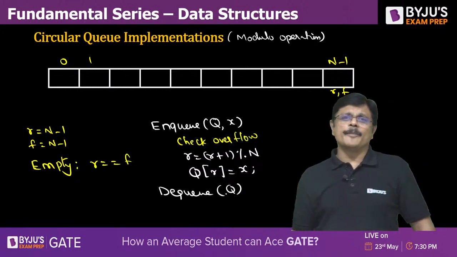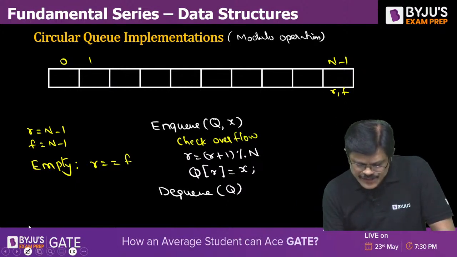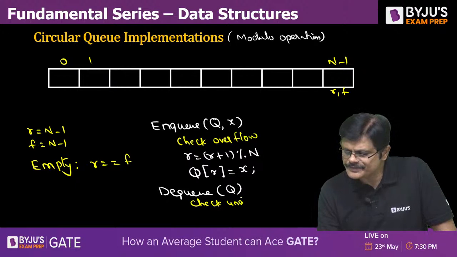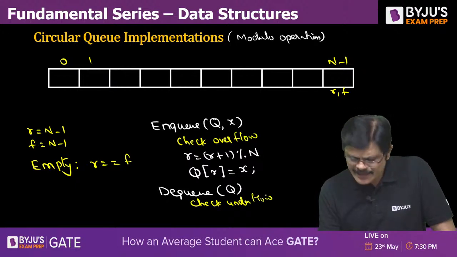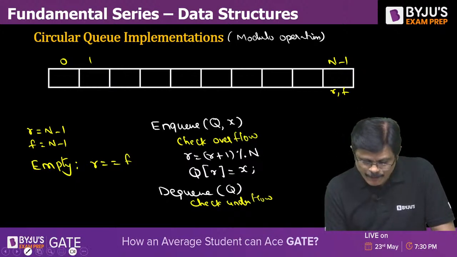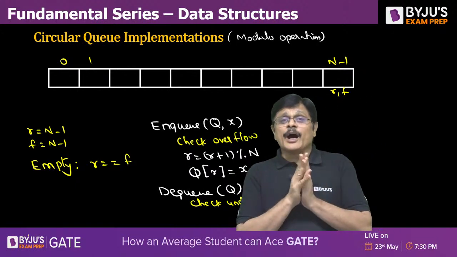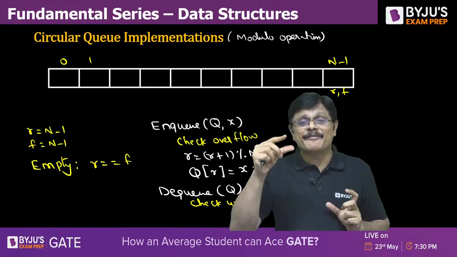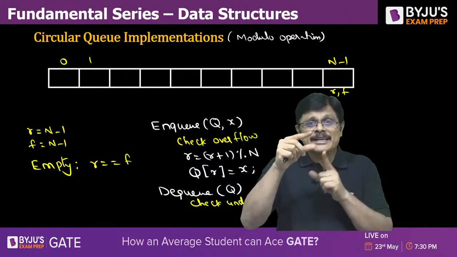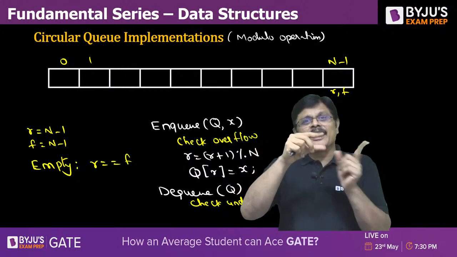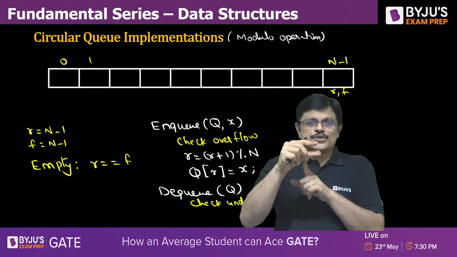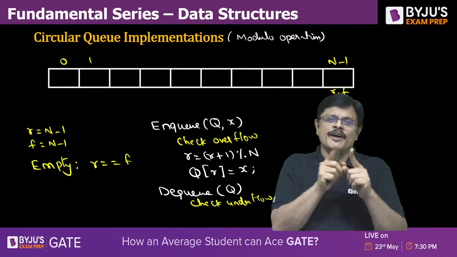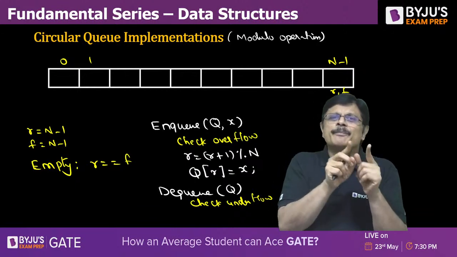For the DQ operation you have to check the underflow condition. Then note one point here: front will always be one position to the left of the current front element. Front is not at this position, the next position is where the front element will be. So front will be pointing to the previous index.